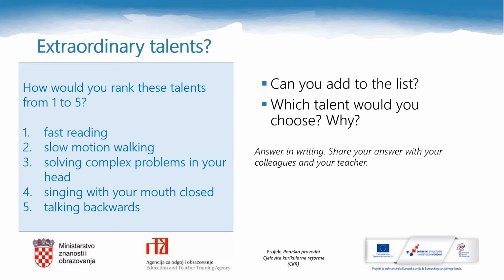Can you add to this list? Which talent would you choose for yourself, and why? Please answer in writing. You can pause this video and write your answers into your notebook. You can share your answers with your colleagues and your teacher.